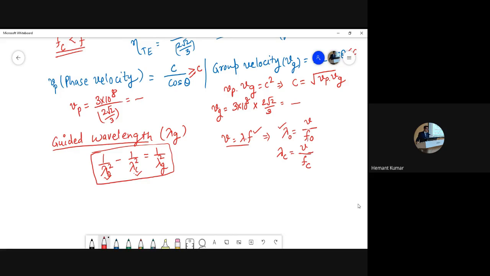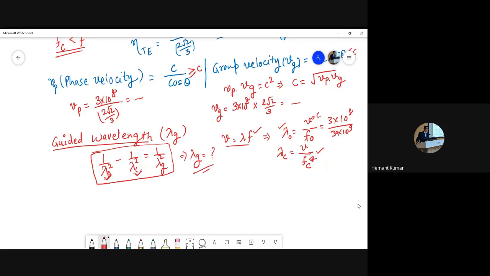Suppose the frequency is given as 30 gigahertz, then you can calculate: C is 3 into 10 to power 8 divided by F naught, which is 30 into 10 to power 9. Based on that, you can calculate the value of lambda naught. Similarly, you can calculate the value of lambda c just by putting the value of fc. Once you have lambda naught and lambda c, you can calculate the value of lambda g, because you have all the values.